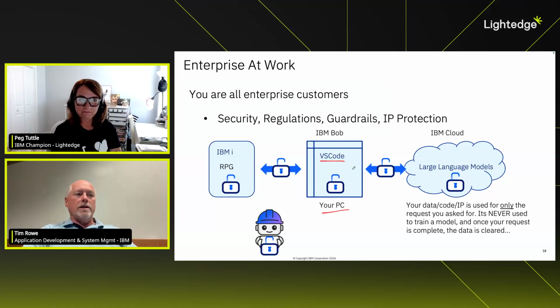You may ask, why did we do that? It's all about security, guardrails, IP protection. By doing this, we are able to keep your data, your applications, and your environment secure, so that your IP stays your IP.